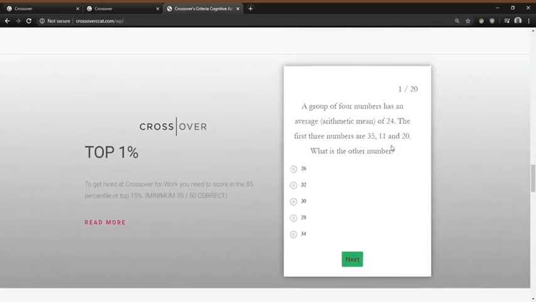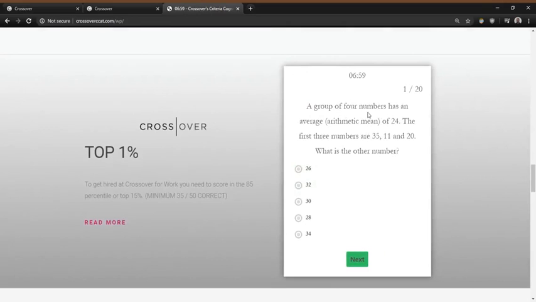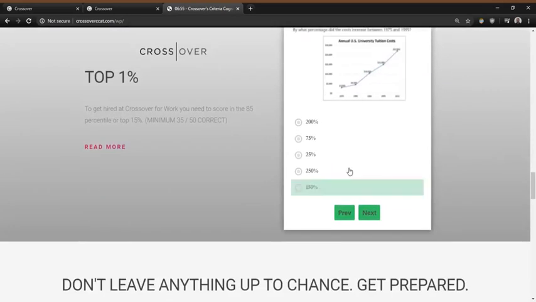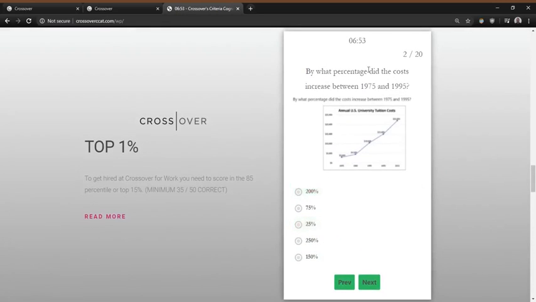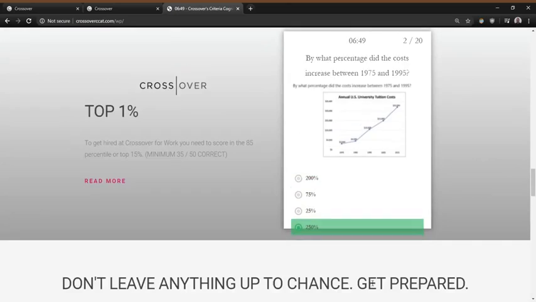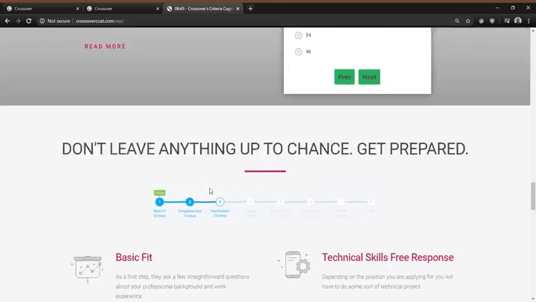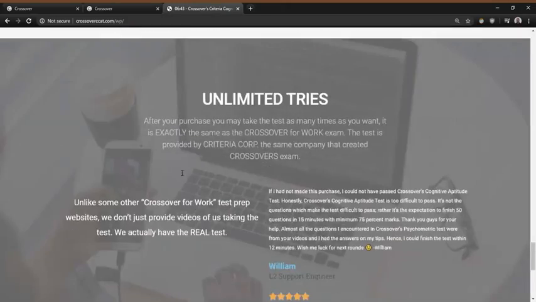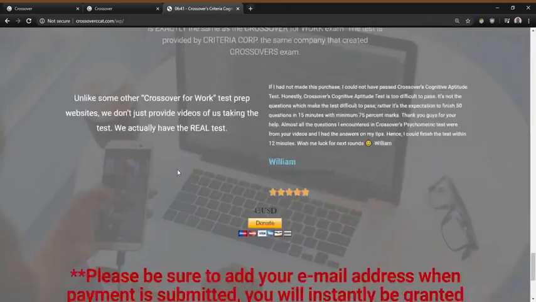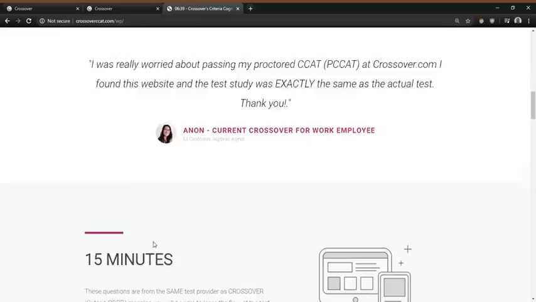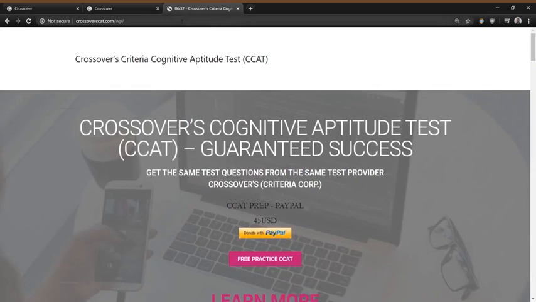It kind of gives you an idea of what the questions are on the test. These are some of the questions that I actually had. I even remember the answer to this one on the test. So what percentage did the cost increase? It was 250%. But yeah, these questions are actually on the test, and these definitely helped me pass. It's definitely worth the 45 bucks. It's pretty much a guaranteed pass.